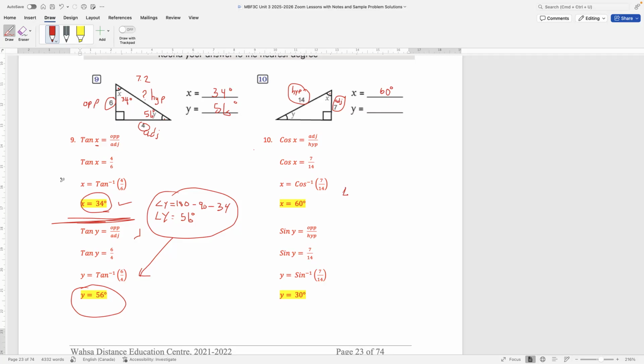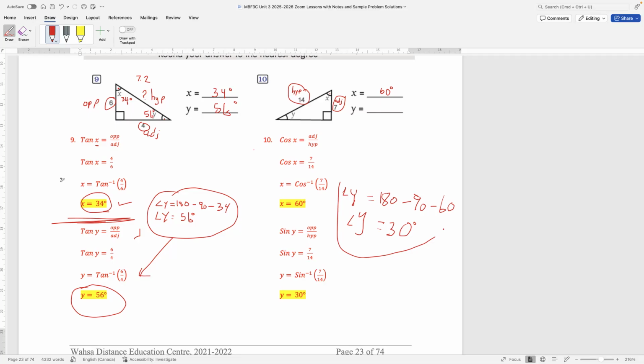So angle y is equal to 180 minus 90 minus the angle we just found, minus 60. So angle y is equal to 30 degrees.